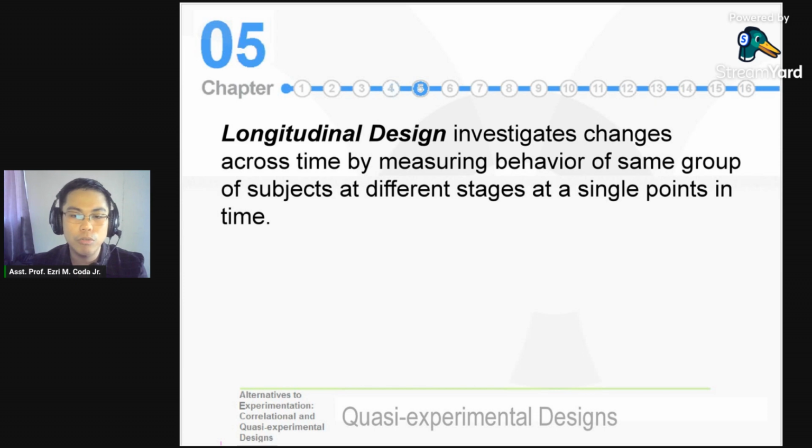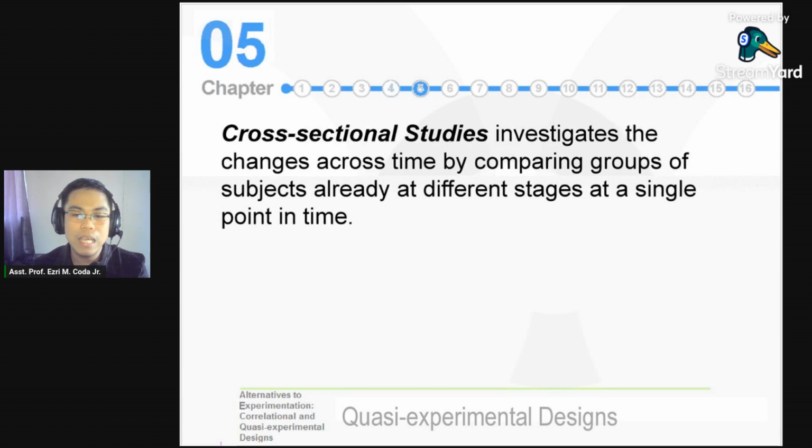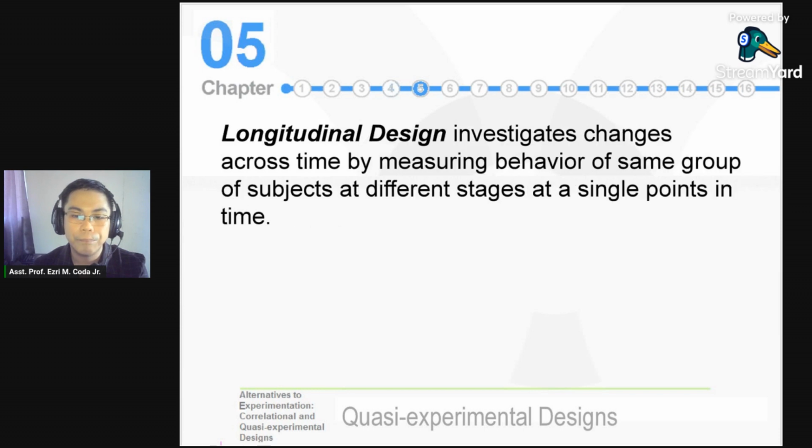Meron din tayong longitudinal design. Ano naman ang longitudinal design? So, ang longitudinal design, it investigates changes across time by measuring behavior of same group of subjects at different stages at single points in time. So, ibig sabihin yung longitudinal design, yung example niyan is yung other points in time din.